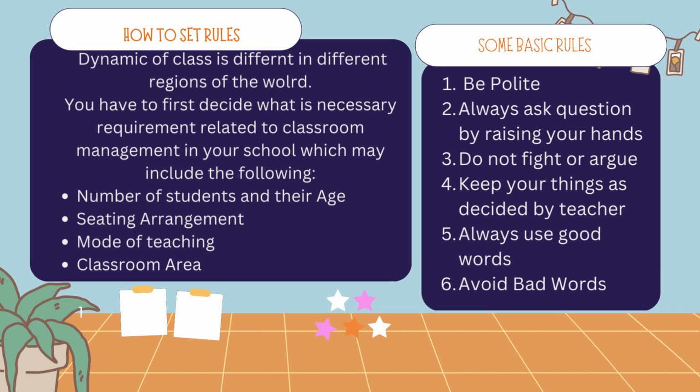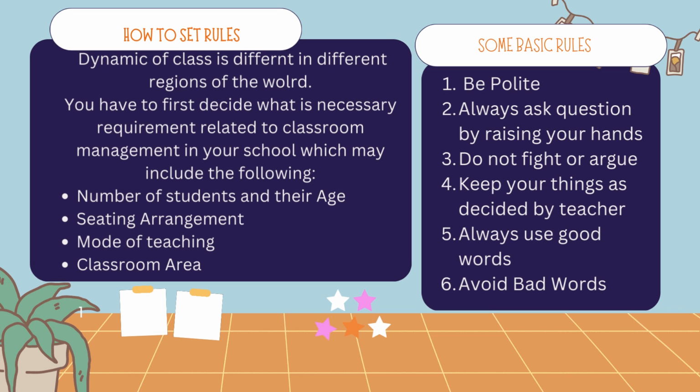For example, the number of students and their age, their seating arrangement, their mode of teaching, and their classroom area. As I am living in Pakistan, I keep in mind the dynamics of my school and my area, what the basic requirements of my management are, what they want from my class, and what performance criteria they use to assess my class and my performance. So keeping all these things in mind, set some rules.